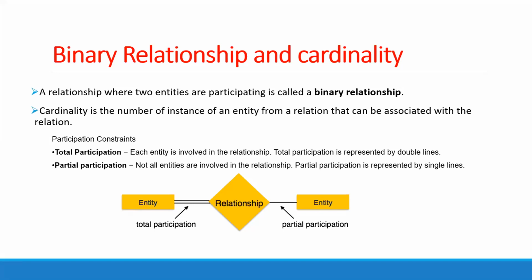Total participation is nothing but every entity being involved in the relationship. Partial participation is nothing but not all entities are involved in the relationship. They may be involved, or may not. That participation we call partial participation, and we will see the definitions.